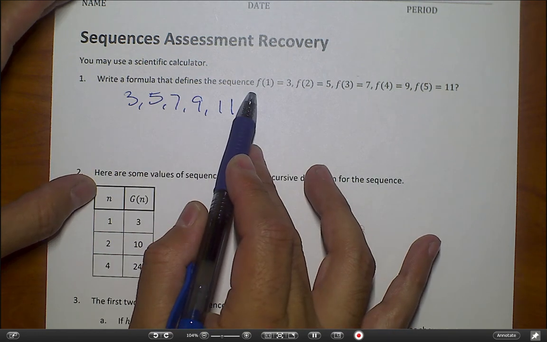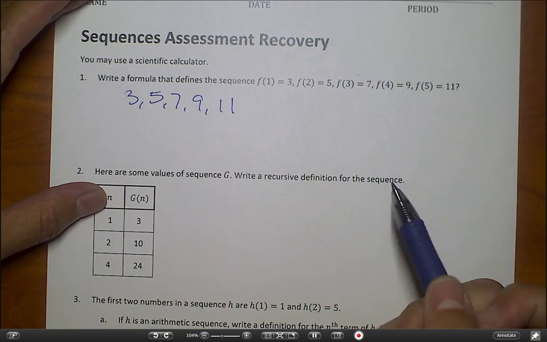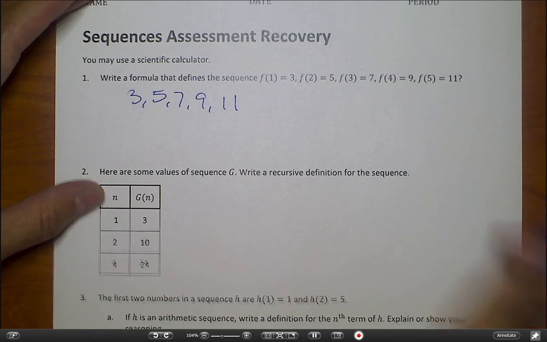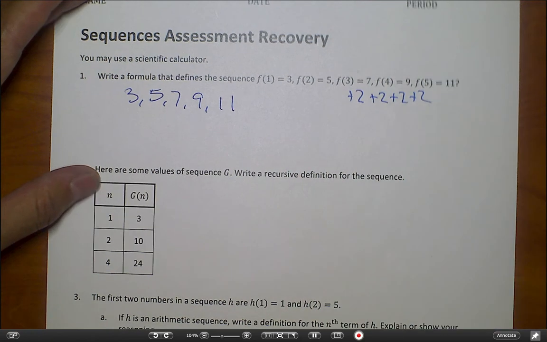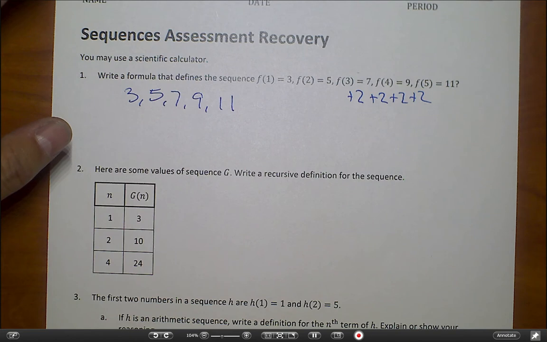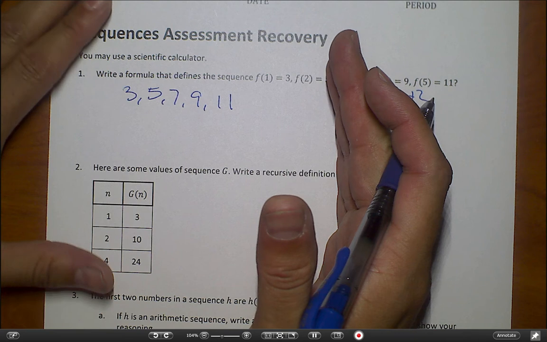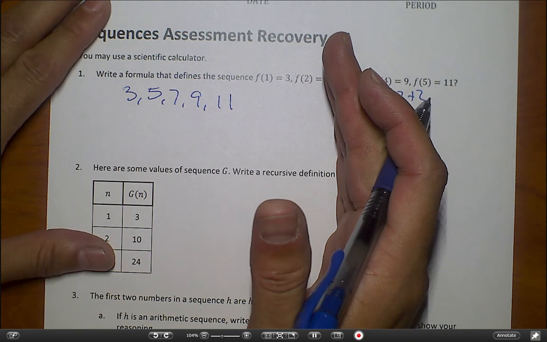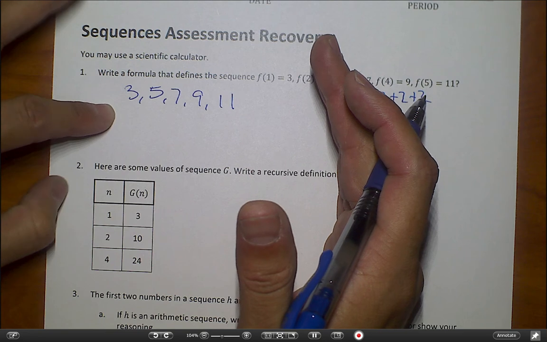So for this one right here, if I'm adding 2 every time, remember that's plus 2, plus 2, plus 2, plus 2. Now, repeated addition is the same as multiplication, right? So we always do it this way. In these terms, I start off with my first term, which is 3, right?